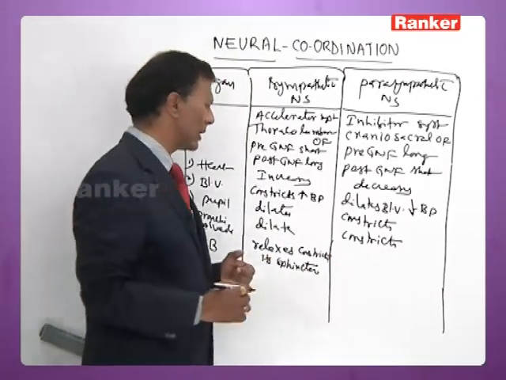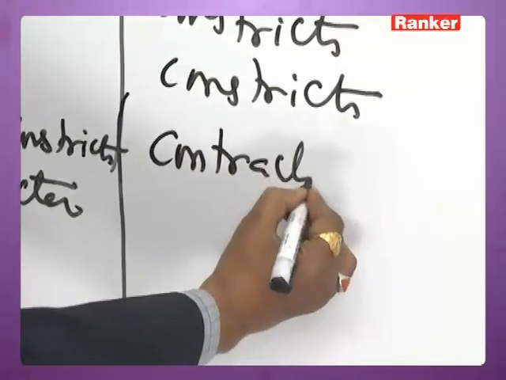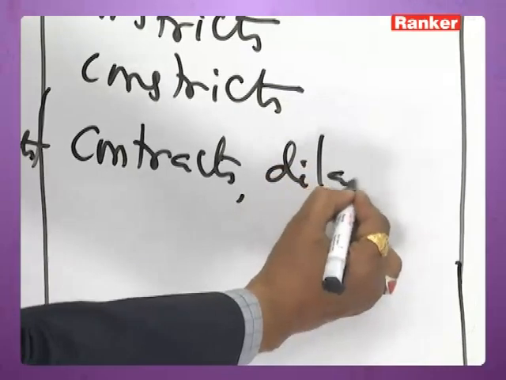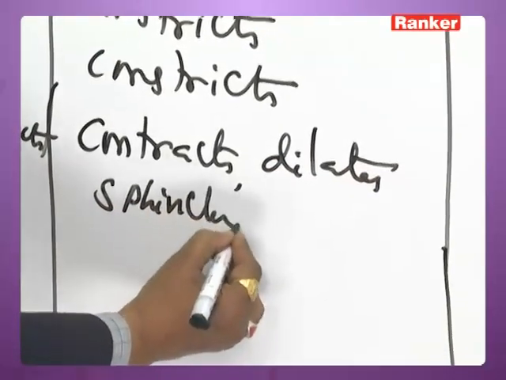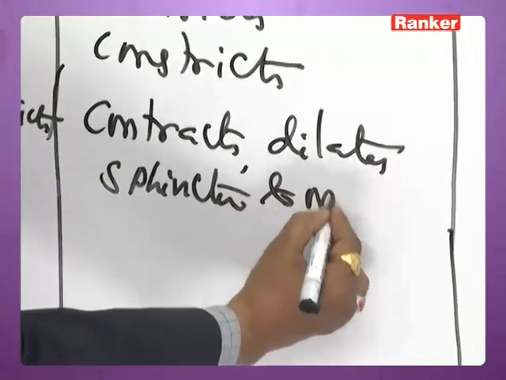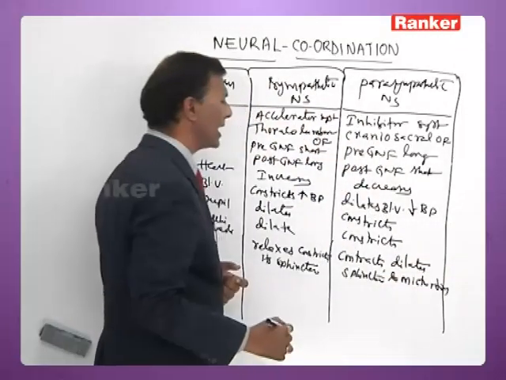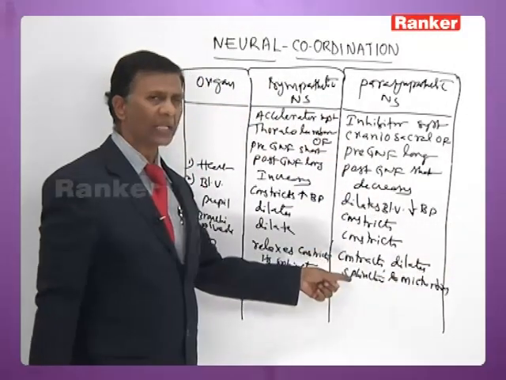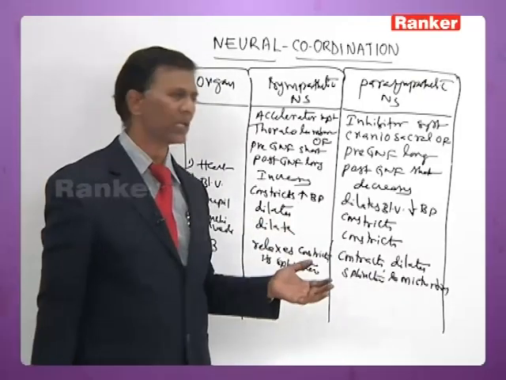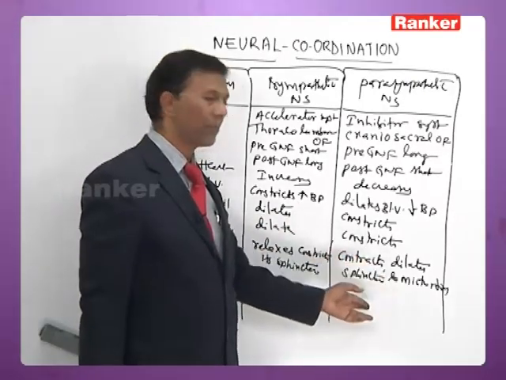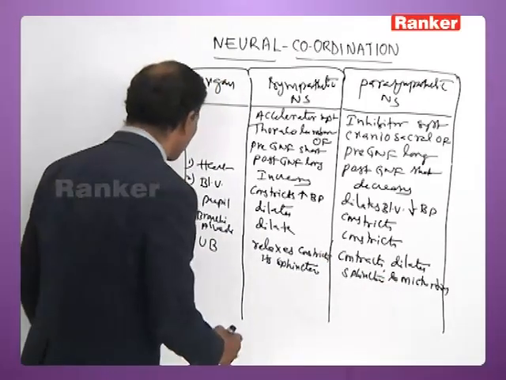The parasympathetic system contracts the urinary bladder and dilates its sphincter, both external and internal sphincter, internal sphincter preferably, and thereby facilitates micturition.